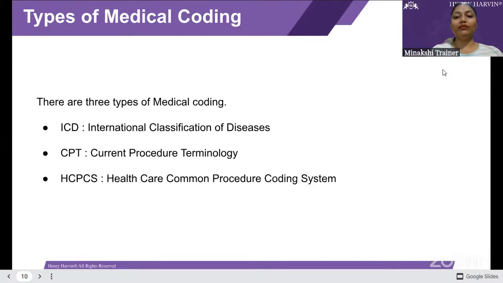There are three types of coding: ICD, International Classification of Diseases; CPT, Current Procedural Terminology; and HCPCS, which stands for Healthcare Common Procedure Coding System. These are the three types of coding you will be learning.